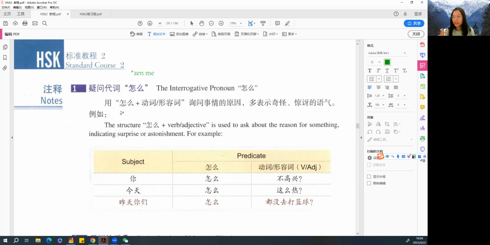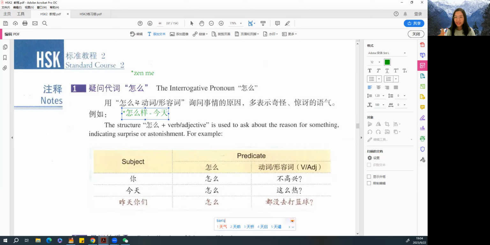For example, 怎么样 can ask how do you find? How's that person find? Remember this one? 怎么样. If we use 怎么样, for example, 今天天气怎么样. 今天 means today, correct?